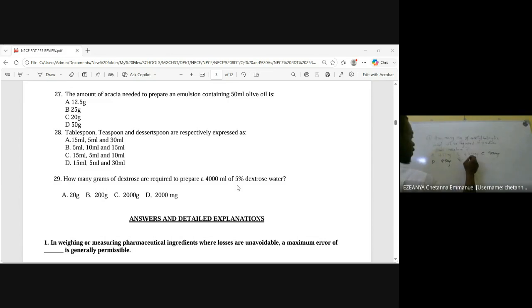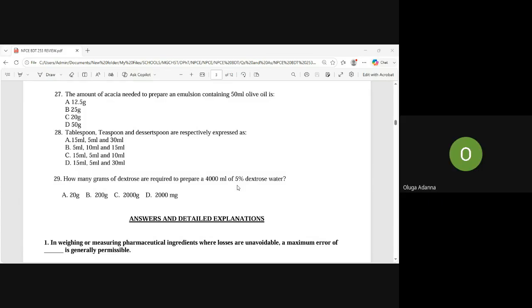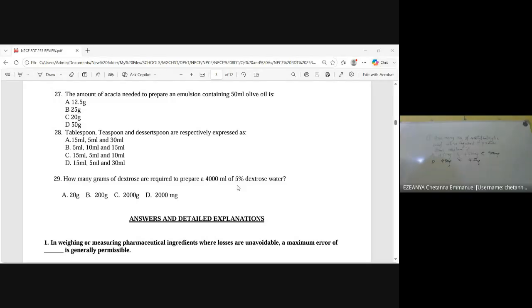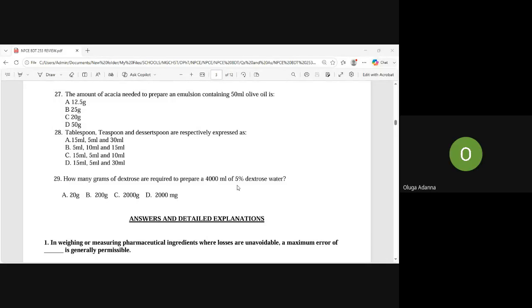E, 4.5 milligram. So what's the answer? So 900 milligrams. How did you get 900 milligram? Okay, they said how many milligram of acetylsalicylic acid will be required to produce 40 ml mixture.